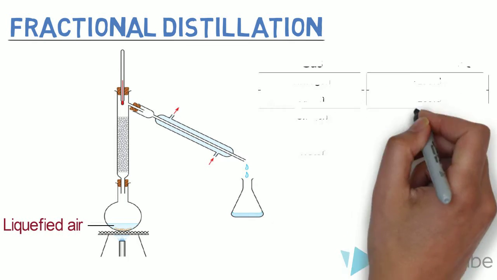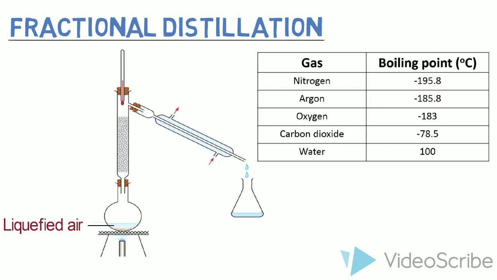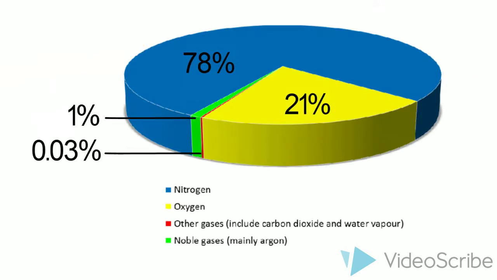The various components are separated based on the different boiling points. As you can see over here, the different gases have different boiling points, which allows them to be separated at different times. So this is also how chemists determine the percentage compositions of the various gases in clean air.